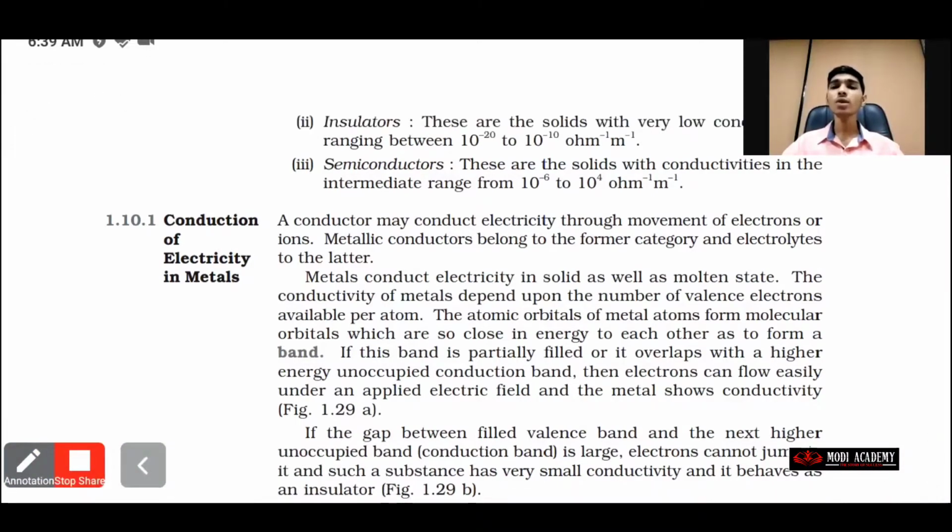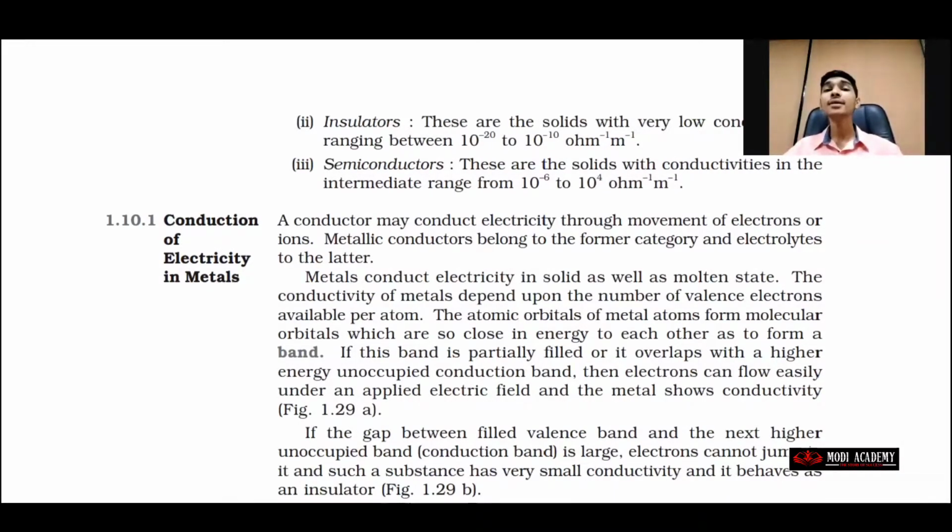Moving ahead, the topic now is conduction of electricity in metals. Does anybody know why conduction in a metal actually happens? You may know, but are not telling, that this is a phenomenon.